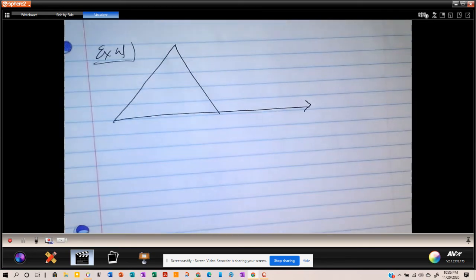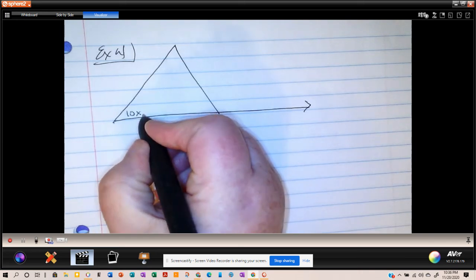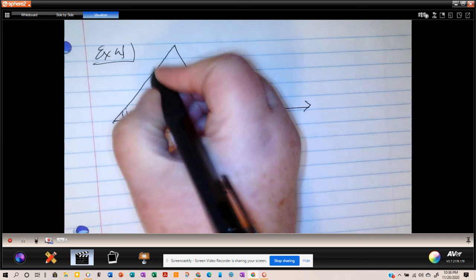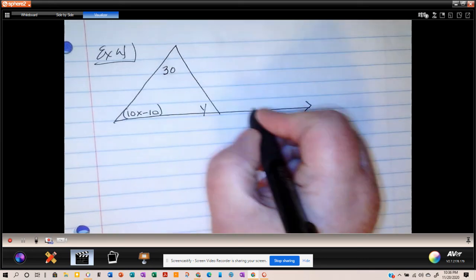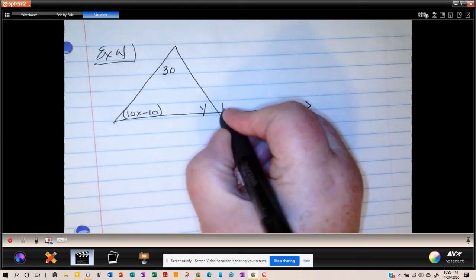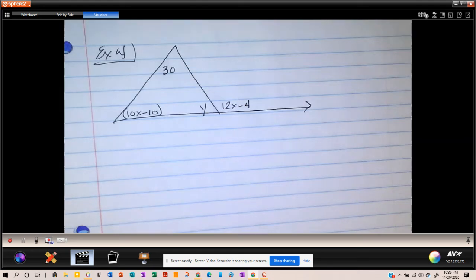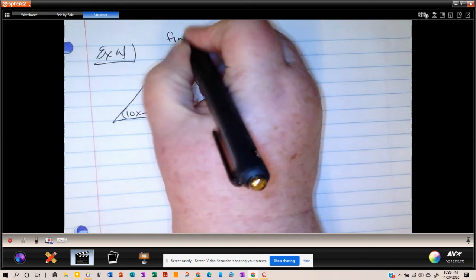Got a ray on the outside. And I've got 10x minus 10. I've got 30. I have y. And on the outside here, I have 12x minus 4. And my instructions say find y.